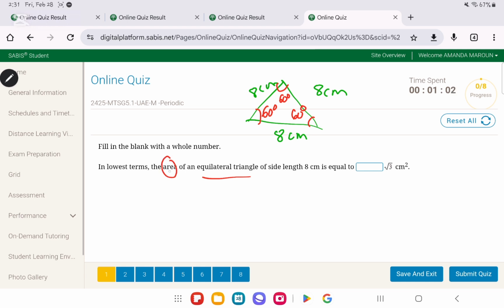Alright, so now they need to find the area of an equilateral triangle with side length 8 centimeters in lowest terms.